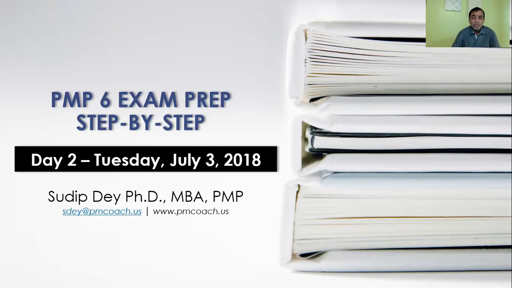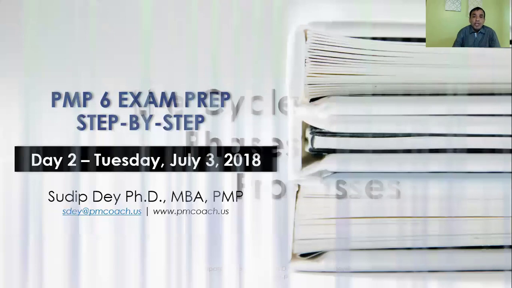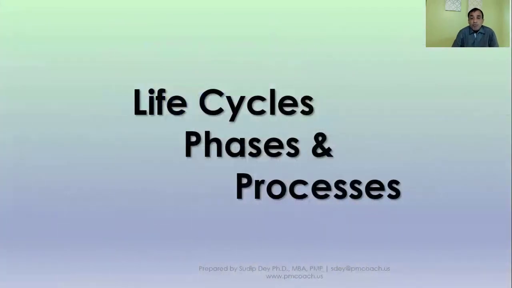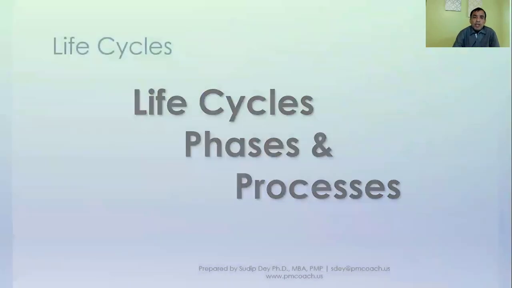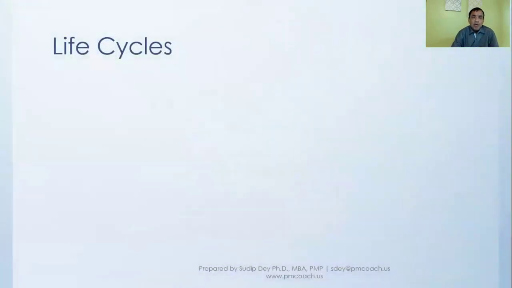Today, we'll continue with the introduction chapter of the PMP, and the first topic that we'll touch upon is life cycle, phases, and processes. Now, a life cycle is really a sequence of phases.